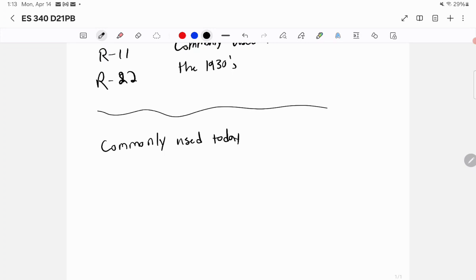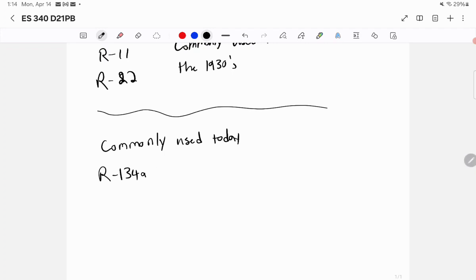But commonly used today is R134A, which is why throughout much of the course, when we did examples with refrigerants, we used refrigerant 134A, because this is something relevant to modern day applications. I guess it's a lowercase a.